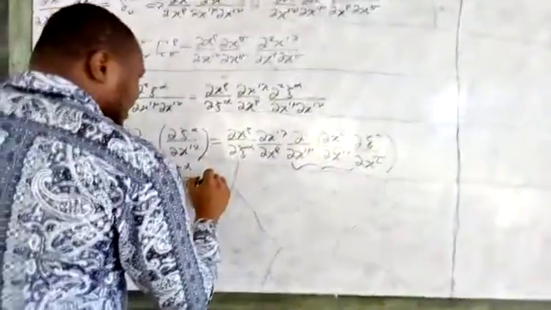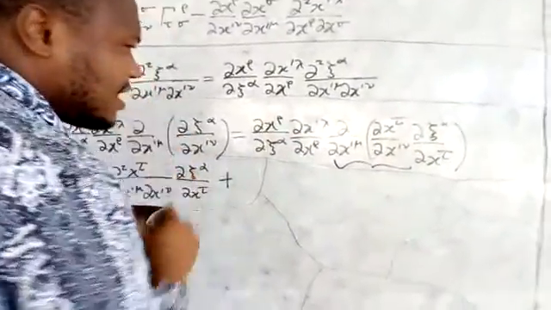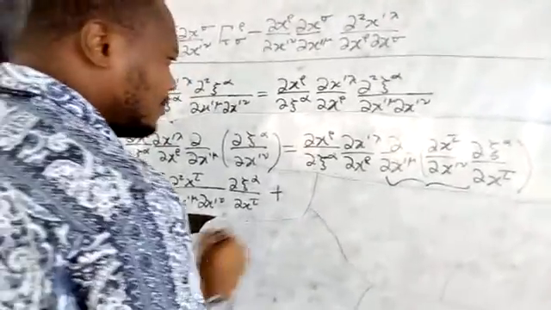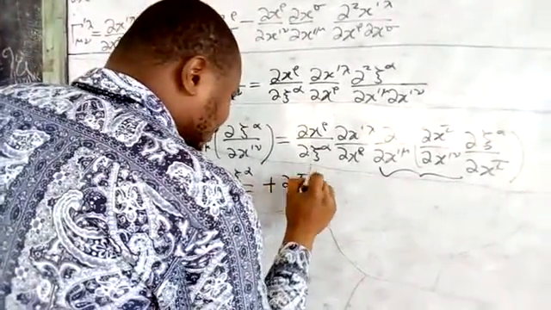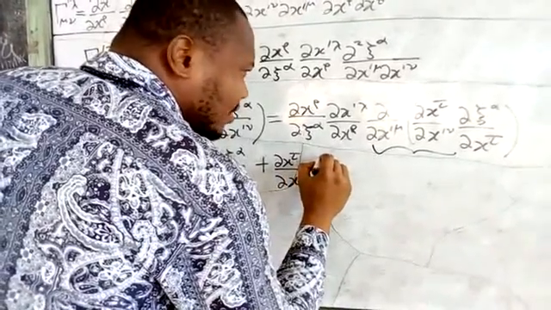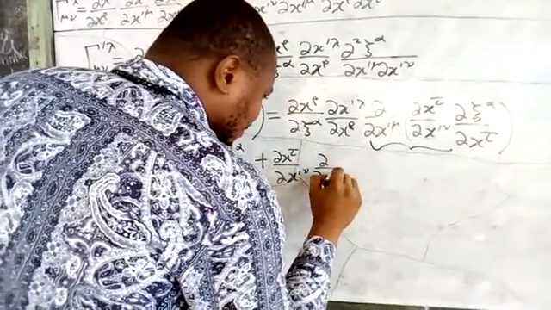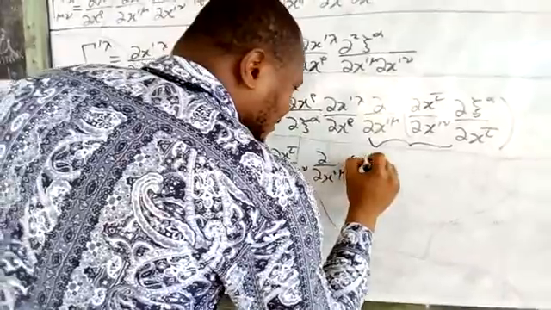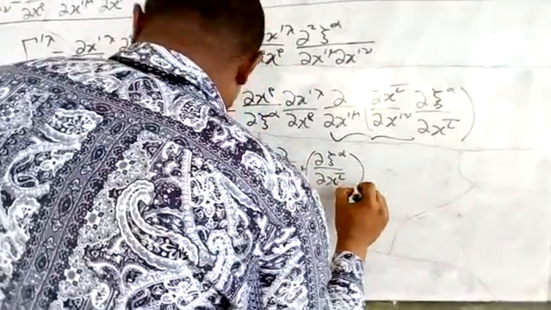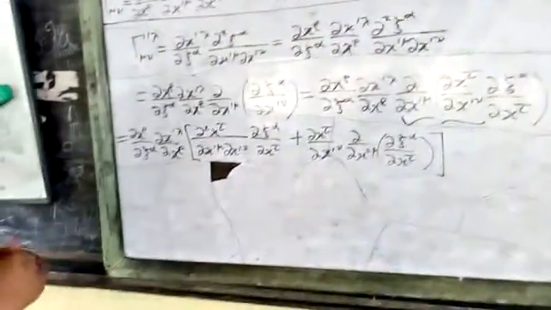Now secondly, I have plus. In this case now, I'm going to be leaving that one, which is the first factor, the x tau, now the x prime mu. Then I'm going to have here the x prime mu again, and then the x tau. Okay, that's about that.